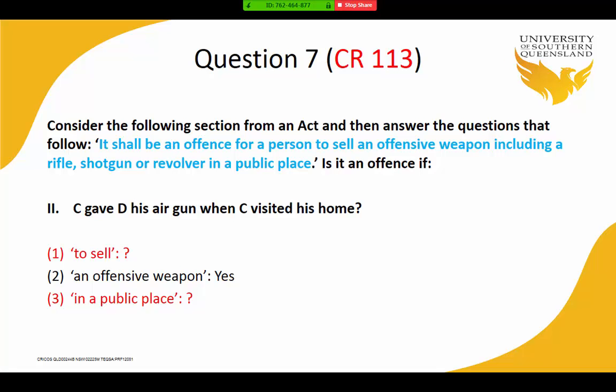But then what? What is missing? Yes, it didn't say, was it just a borrowing? Did he sign over ownership of the firearm? Or I gave him this air gun as a gift. Did I say that? No. Did you assume that I said that? Yes, you did.